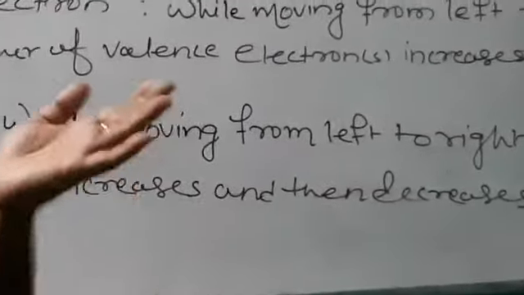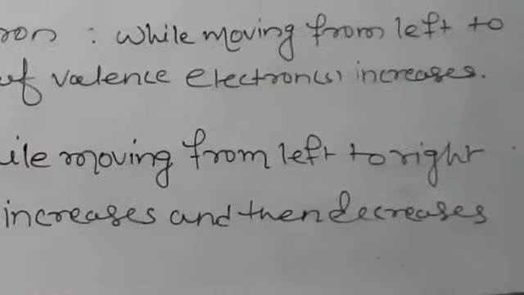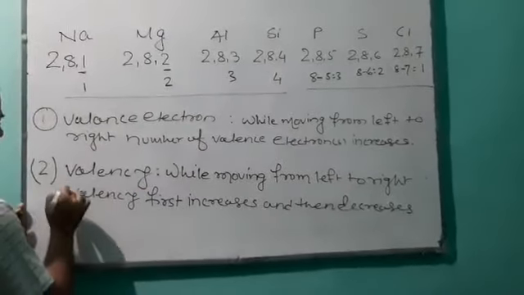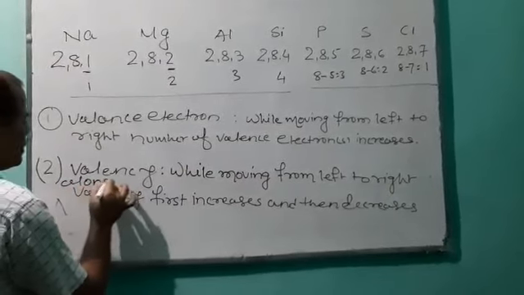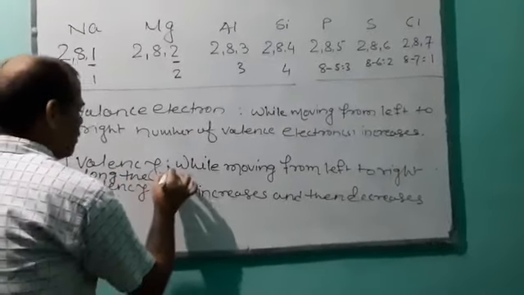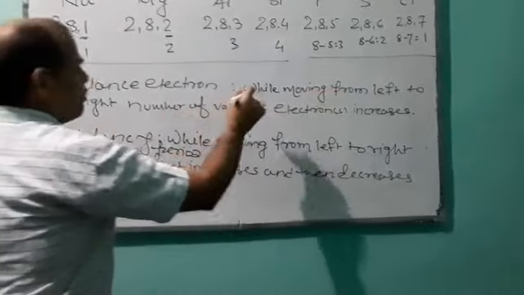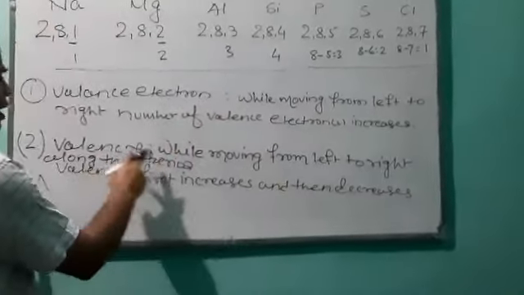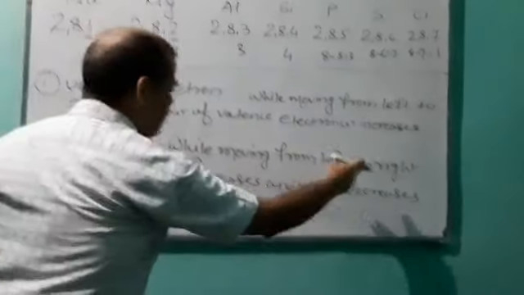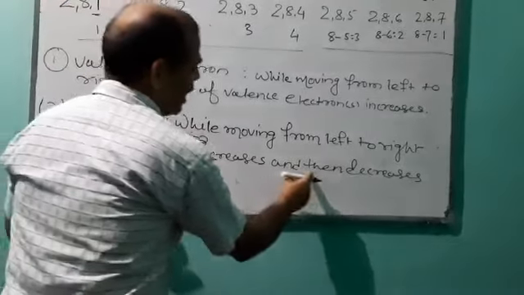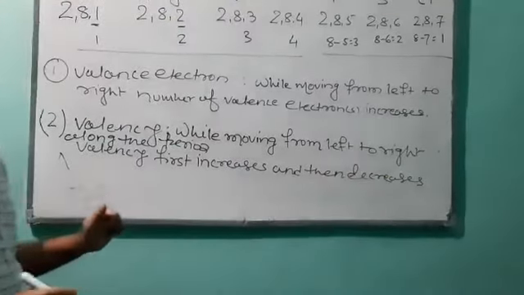While moving from left to right, valency along the period, while moving from left to right along the period. Please make correction here also. Okay, upward. While moving from left to right along the period, valency first increases and then decreases.